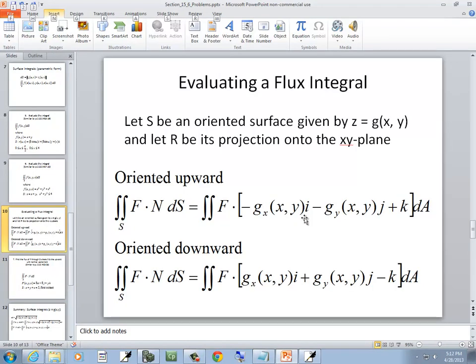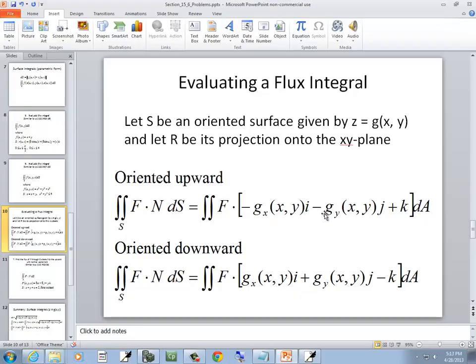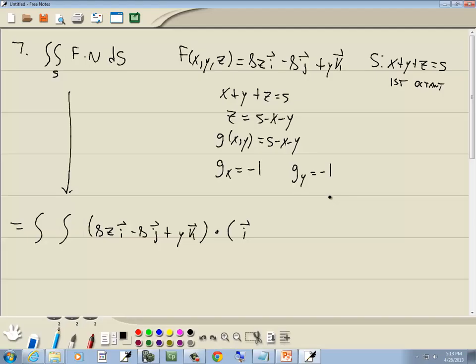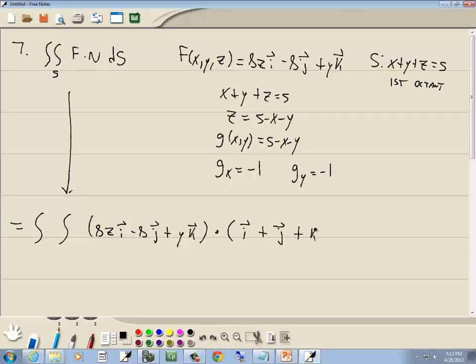So it's this first formula here. So we got negative g, or partial with respect to x. Negative negative 1 gives us a positive 1, and then I put an i on it, minus, and then partial with respect to y is a negative 1, so negative negative again gives us positive, so that's j, and then plus k. That's always k. That never changes.